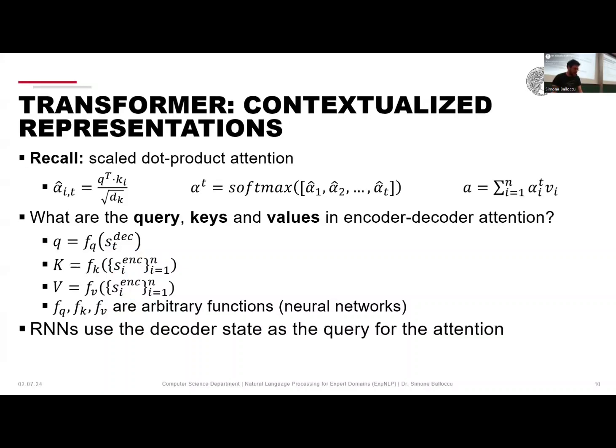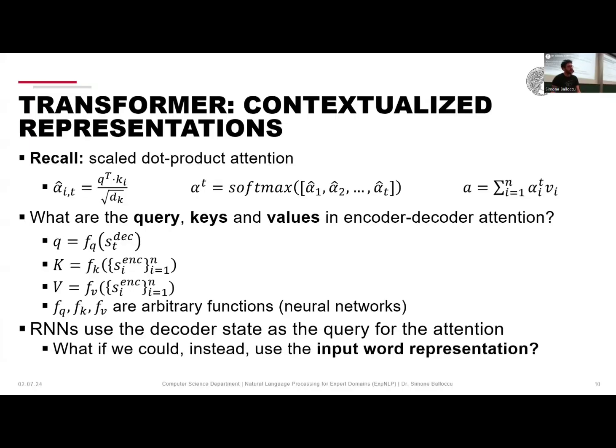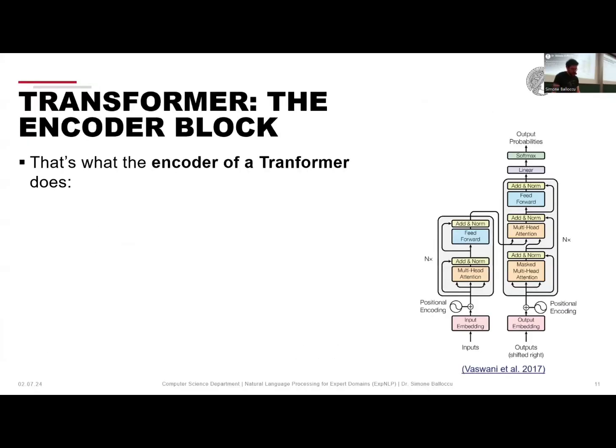So the RNNs use the decoder state as the query for the attention. What if instead we use the input word representation directly? Now, that's exactly what the encoder, this guy here, in a transformer does. We have an input, and you can see that now the input is a bit different. So we have x_i, where i goes from 1 to n.